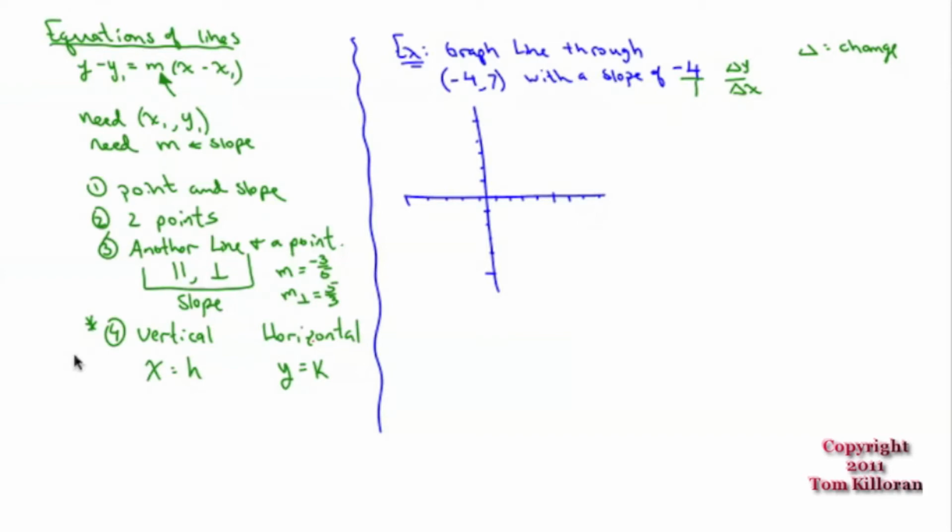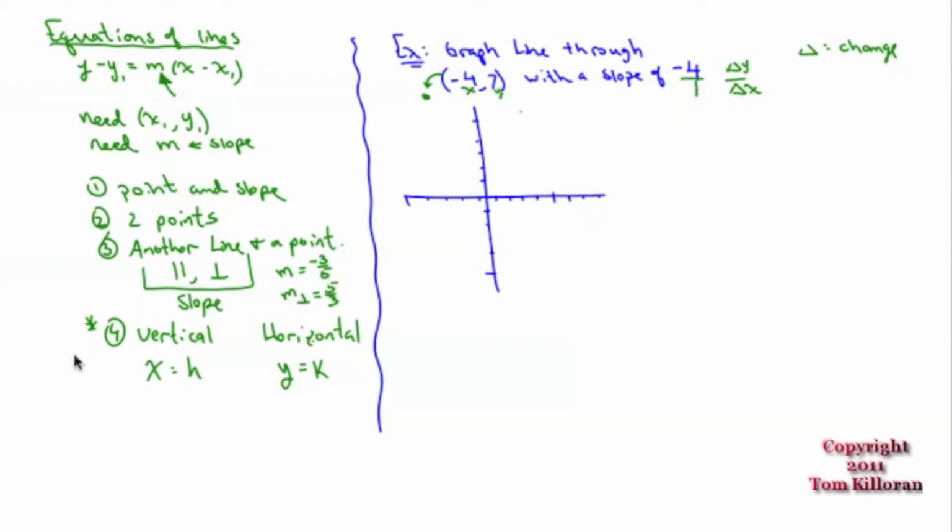So, -4, 7, where do I go? Down 4? And you will get it wrong. To the left 4. Yeah, this is x, left and right. This is y, up and down. So you'll go left 4 and up 7. So here is -4, 7.